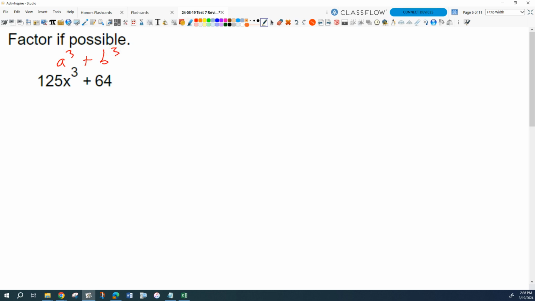So we got to know the pattern first of all. Hopefully you guys remember this. We just went through it. What is it? A plus B, good, times A squared minus AB, plus B squared, good. There it is. There's my pattern.